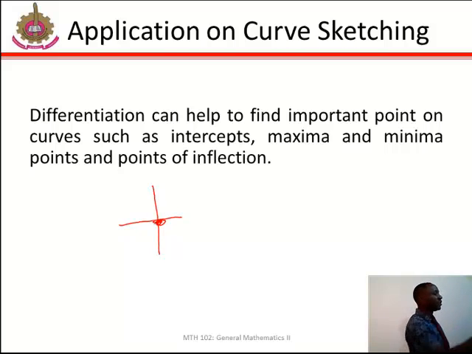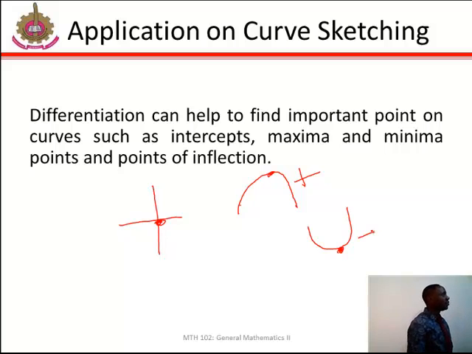The maximum and the minimum points: a maximum point is something like this on the positive side, and a minimum point is something like this on the negative side of a graph. And the point of inflection is a point where the curve begins to bend.